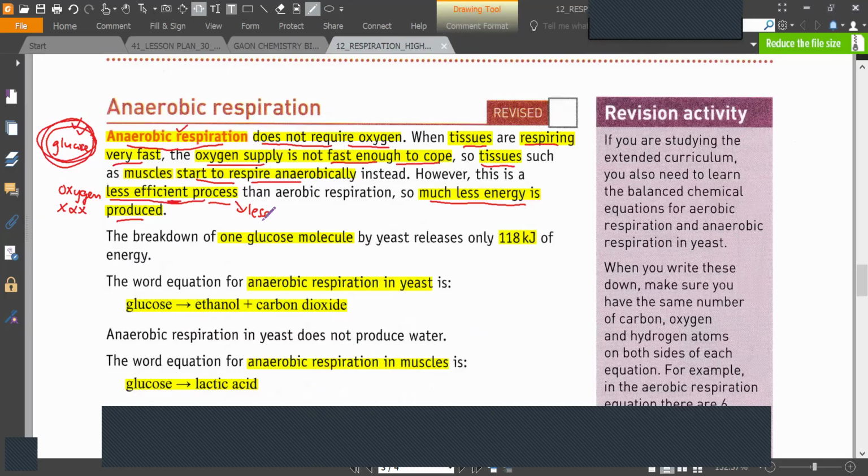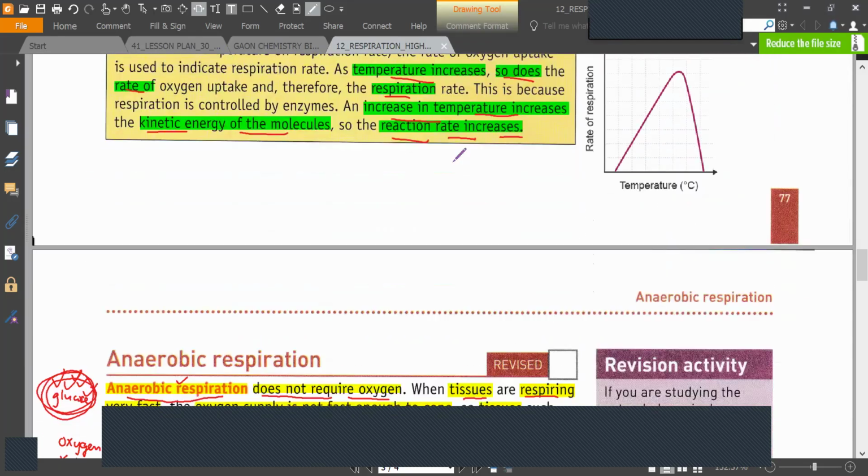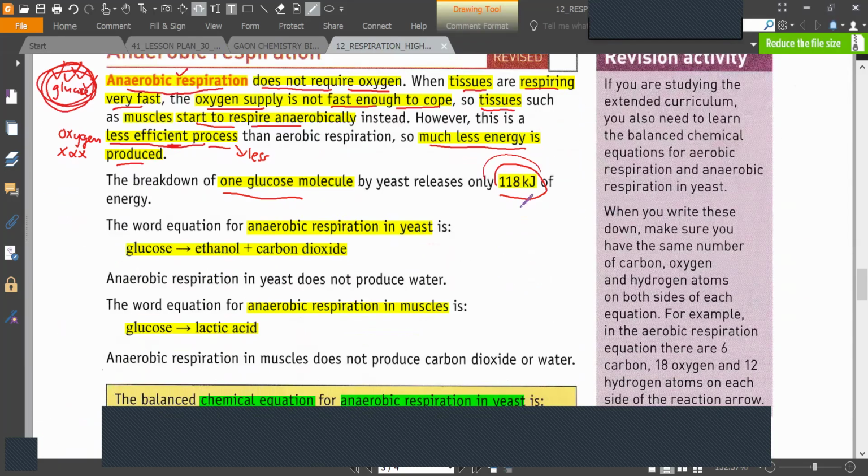We still can get enough energy, because we are using lots of glucose. One glucose molecule produces 118 kilojoules of energy. Just now, one molecule gave 2,800 kilojoules of energy. Now it only produces 118 kilojoules.